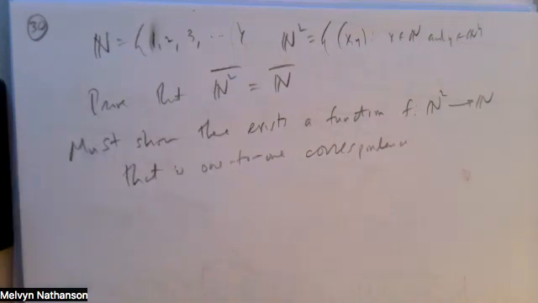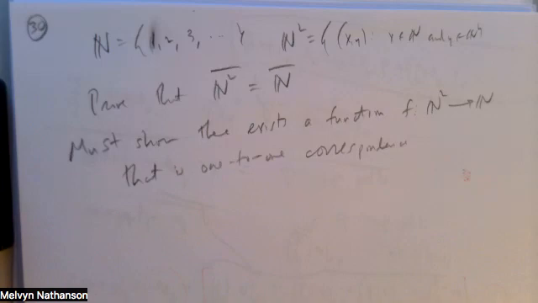Question. Does it matter the order? What do you mean by the order? When it says the function from n squared to n, does it matter if you flip the order around? You mean a function from n to n squared? Yes.